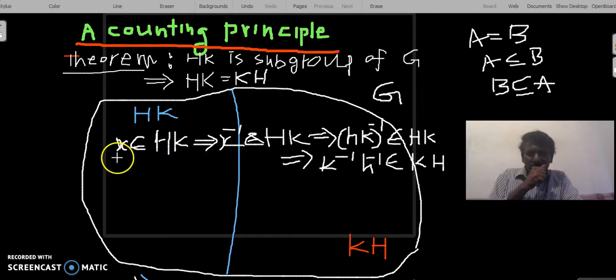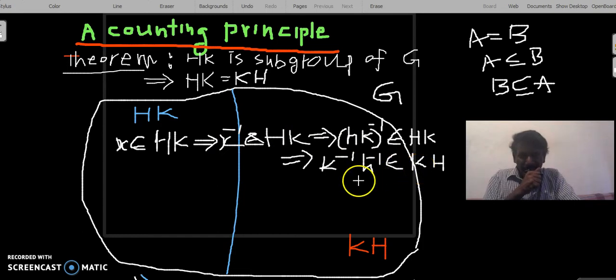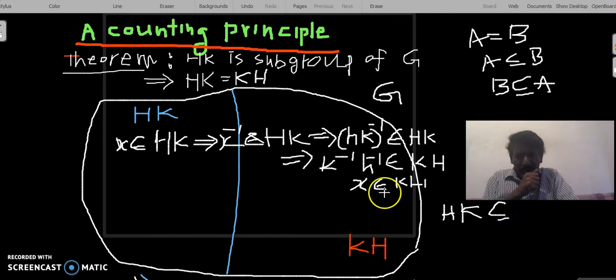So what we have proved is that x belongs to HK implies x can be written like this, and that belongs to KH. That means x belongs to KH. So we have proved that HK is contained in KH.